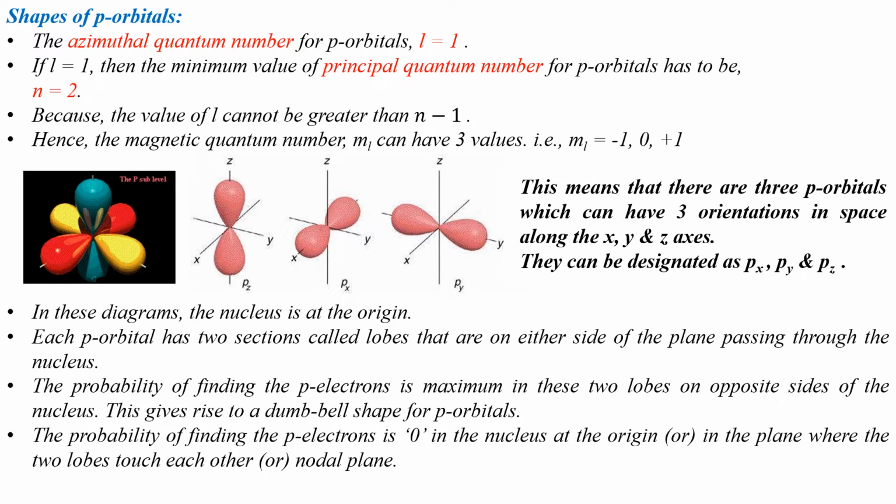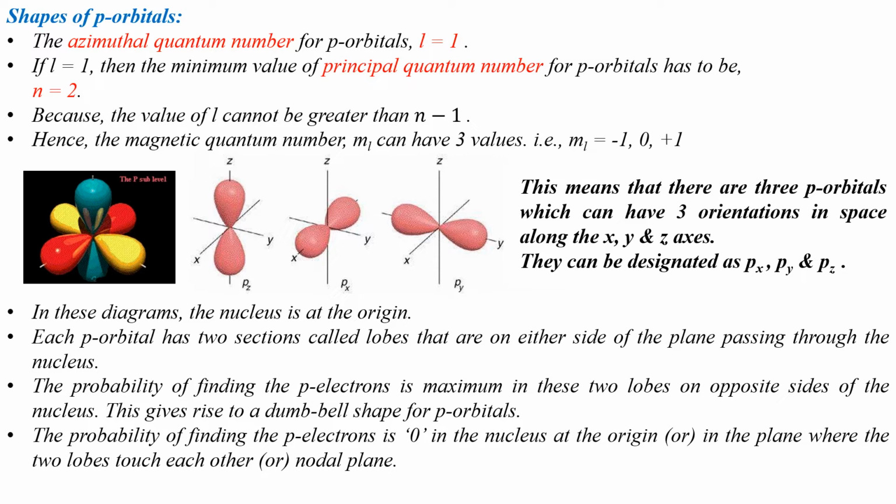You can just have a look at the adjacent picture which shows the shapes of the 3 p orbitals, px, py and pz. In these diagrams, the nucleus is at the origin. Each p orbital has 2 sections called lobes that are on either side of the plane passing through the nucleus. If you take the case of pz orbital, the plane that is passing through the nucleus is that of an xy plane.